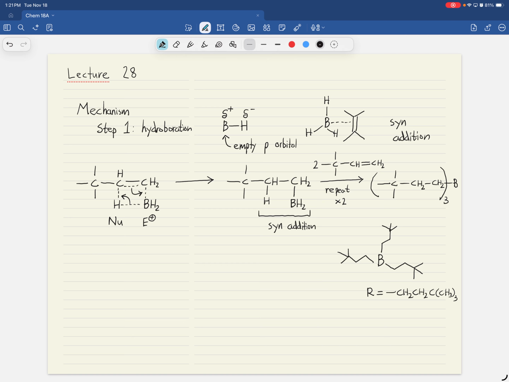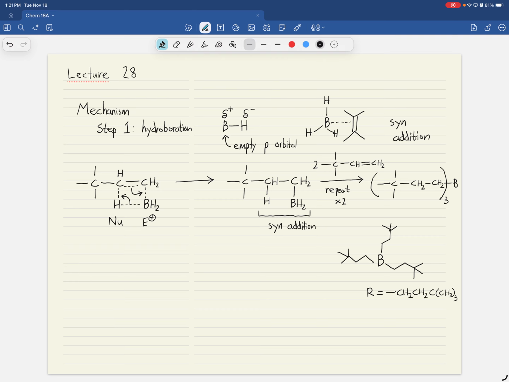Okay, so we can abbreviate it if we wanted to. All right, so that's the first step, hydroboration. So you added borane, BH2, across the double bond. And this can accommodate 3 groups of alkenes. So you can actually get 3 of those alkene groups substituted there.